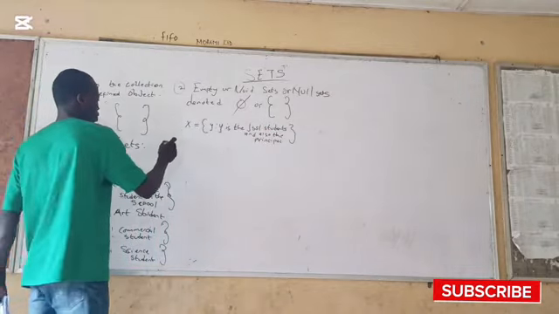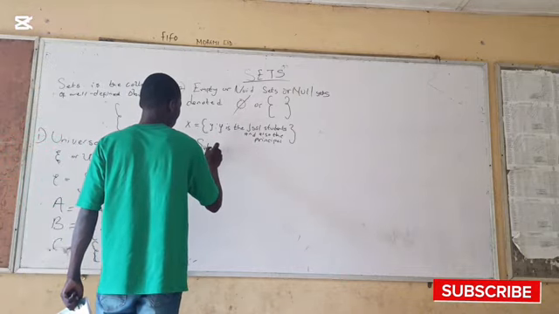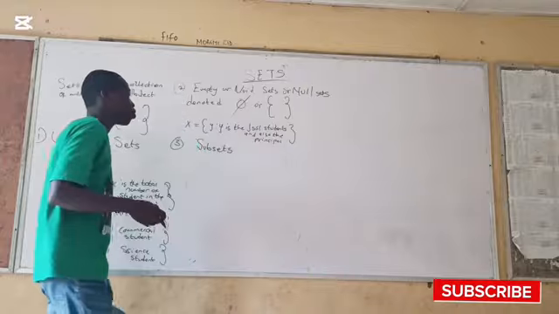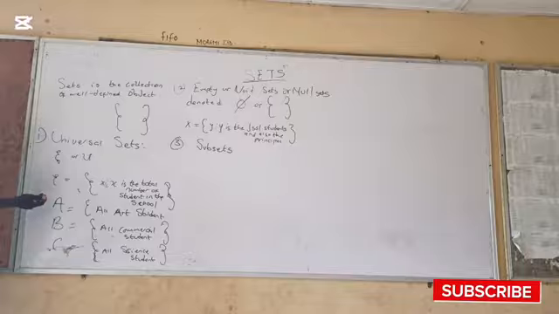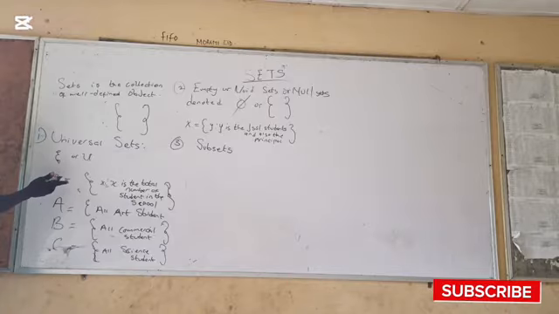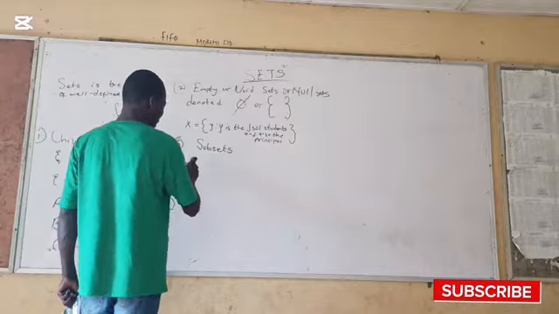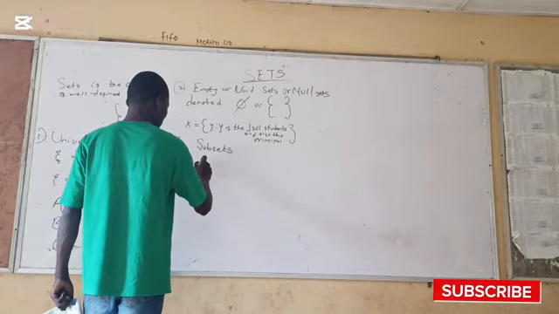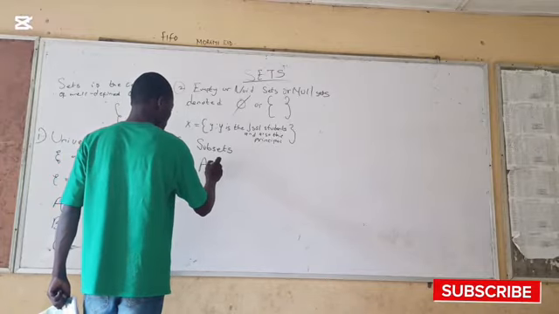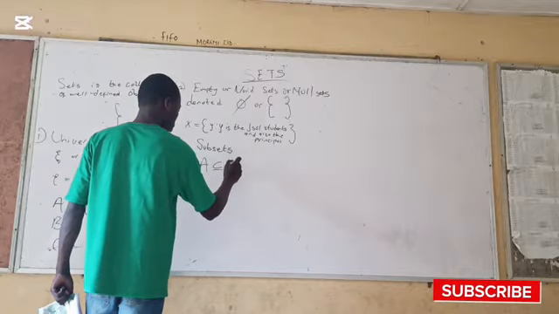Now, also we have the subset. For instance, let's look at the question we used here. We can say that A is a subset of the universal set, and you will write that in this form.